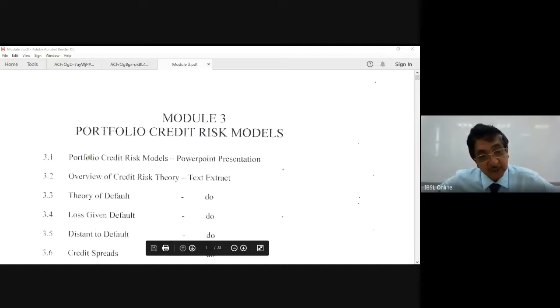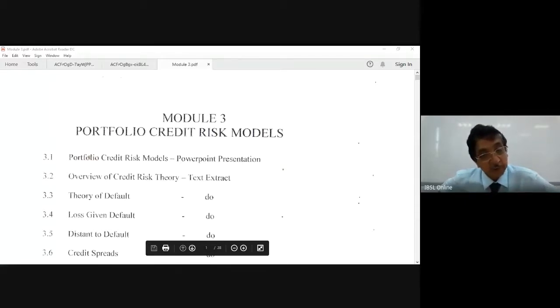On one side, when there's a portfolio, the total risk of the portfolio would not be, if you take the algebraic total of individual loans, invariably that amount is higher. As a portfolio, the risk could be less. That comes through the diversification effect.